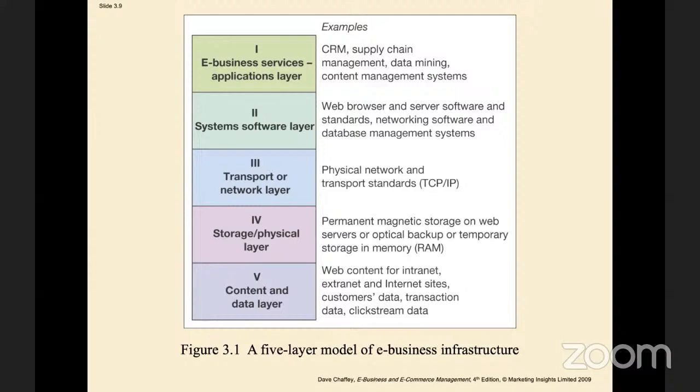And in the transport or network layer, physical network and transport standards, TCP/IP. And in the storage or physical layer, permanent magnetic storage on web servers, or optical backup or temporary storage in memory, that is RAM. Content and data layer: web content for internet, extranet and intranet sites, customer data, transaction data, clickstream data.